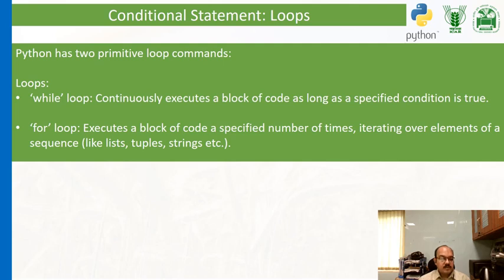And for loop executes a block of code a specified number of times, iterating over elements of a sequence. It may be list, it may be tuple, it may be string. So we see these two loop structures, and we will also see what are the differences between these two loop structures, while and for.